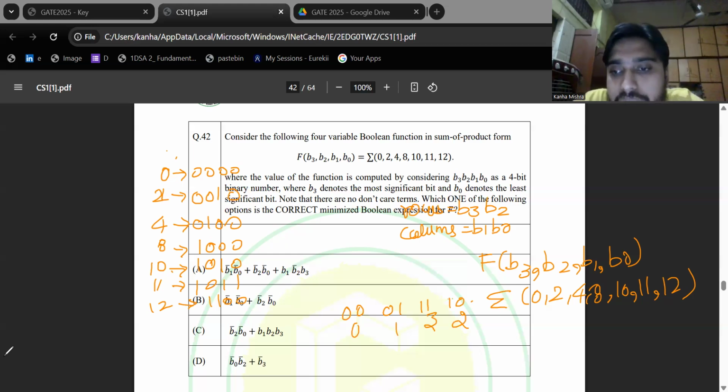Okay, let's do the step-by-step K-map filling and understand how it works.